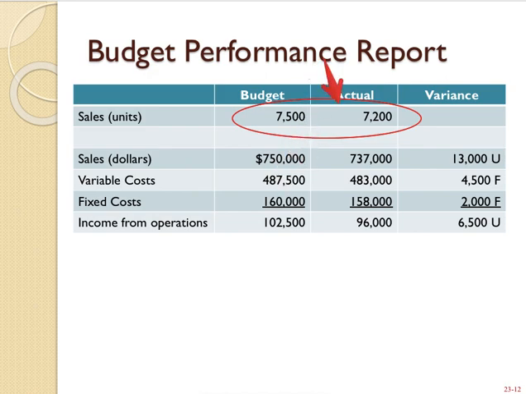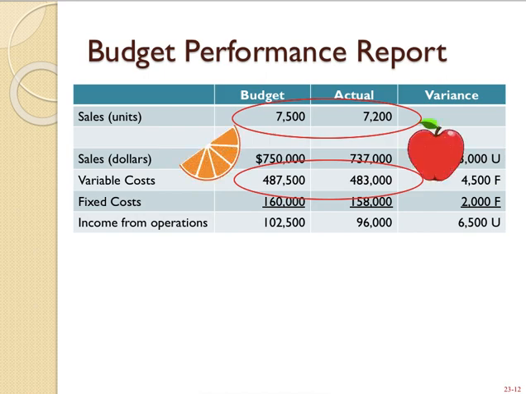But in actuality, we only sold 7,200. So what's happening is that our costs are based on a number of units that's not accurate. Therefore, we're comparing apples to oranges. Okay?